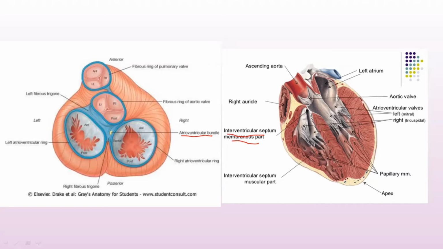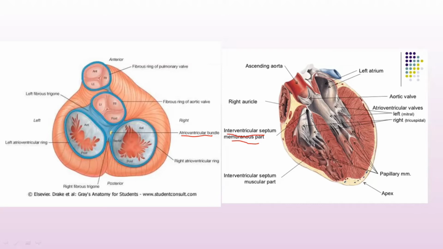The upper part is membranous and the lower part is muscular. Now this AV bundle is present in the membranous, or upper, part of the interventricular septum. It passes through the fibrous skeleton, and we can say it runs through the membranous part of the interventricular septum.